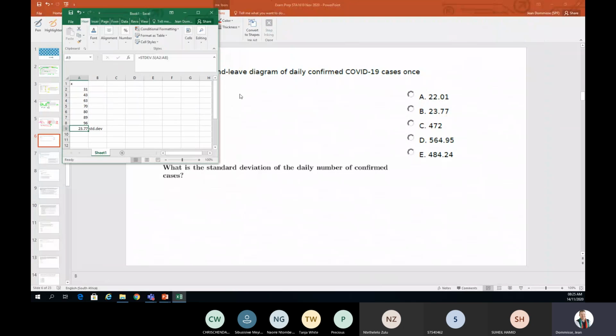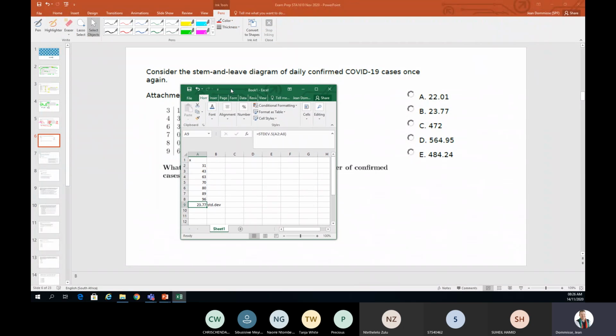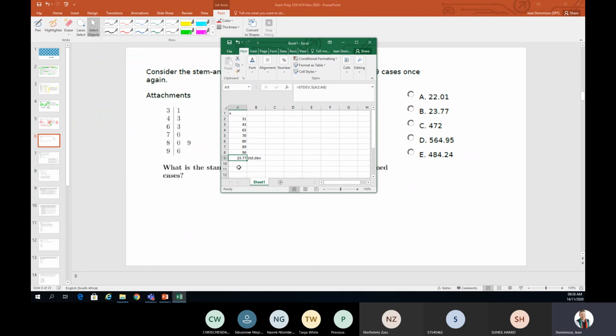The standard deviation is 23.77, and there is my answer, 23.77. The reason why I use the standard deviation of a sample is that this is not the population, so this was a sample of COVID cases.